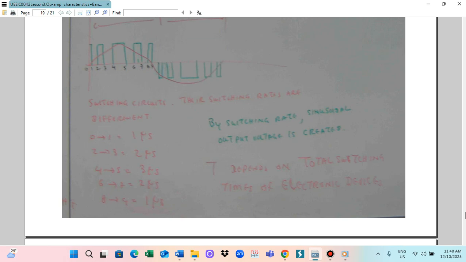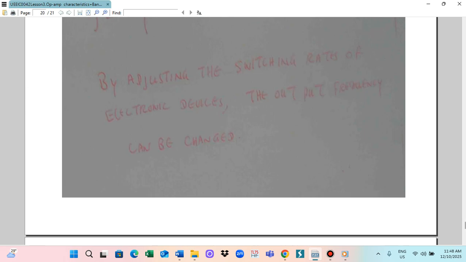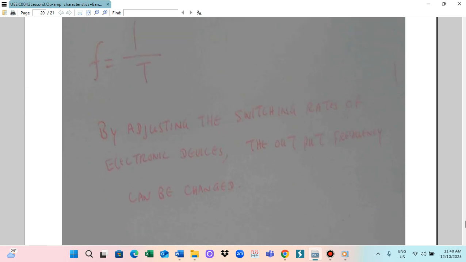So this sinusoidal output voltage period is also different. So this is the time, T, which depends on the switching rate, the total switching time of the electronic devices. So this is the period, depending on the total switching of the electronic devices, and frequency is equal to 1 by T. So in this way, by making the switching, you can change the frequency.